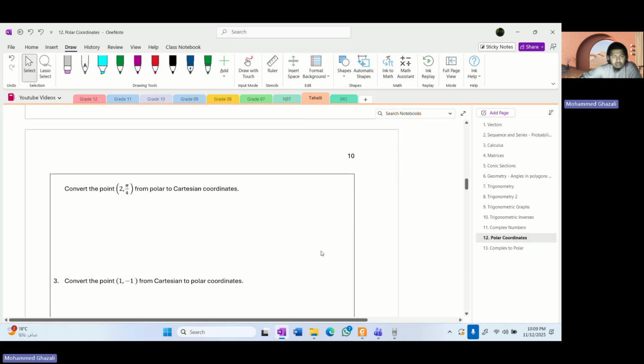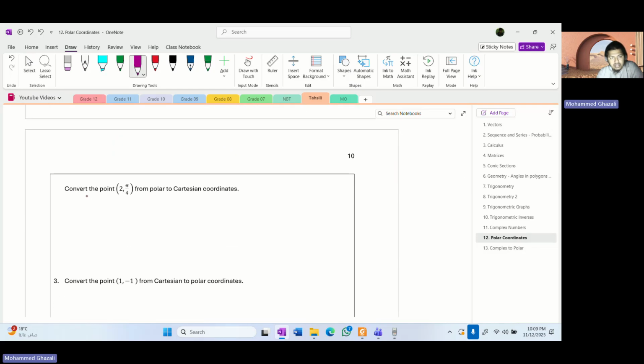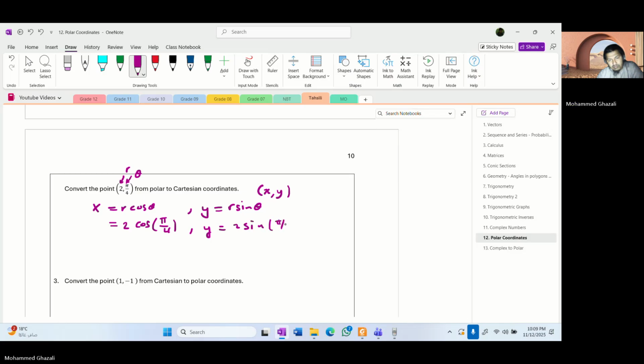Now convert the point 2 and pi by 4 from polar to Cartesian. This is already a polar point, so this is r and that's theta. To get Cartesian, we need x and y. The value of x is r cos theta, and the value for y is r sine theta. So x is 2 cos pi by 4, and y is equal to 2 sine pi by 4. Pi by 4 is 45 degrees, so 45 degrees is that right triangle, 1, 1, root 2.